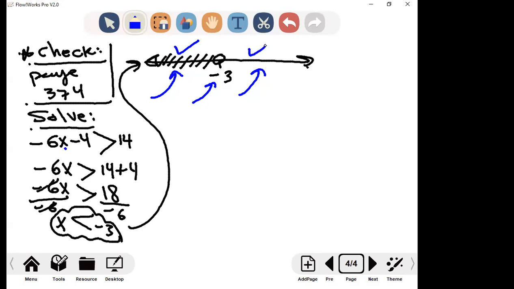Copy it by steps, please. In part A, you do the steps. In part B, you graph it. Copy, please.